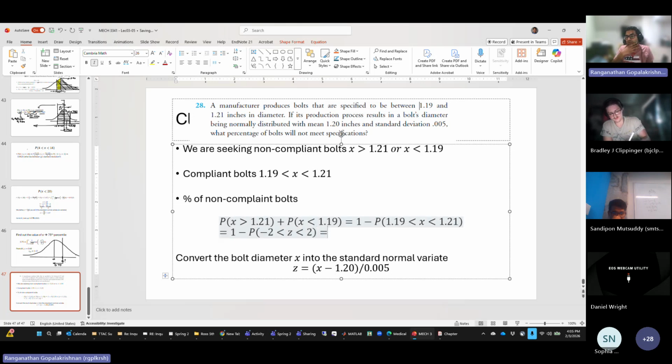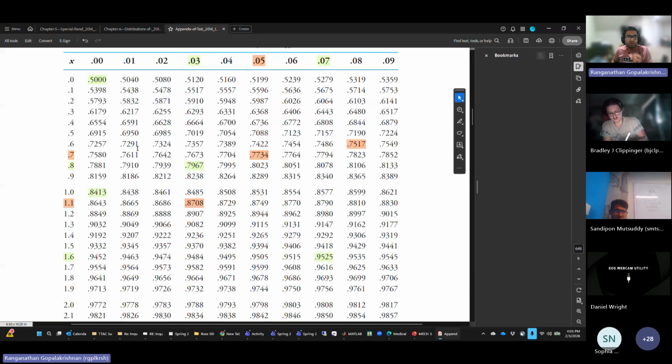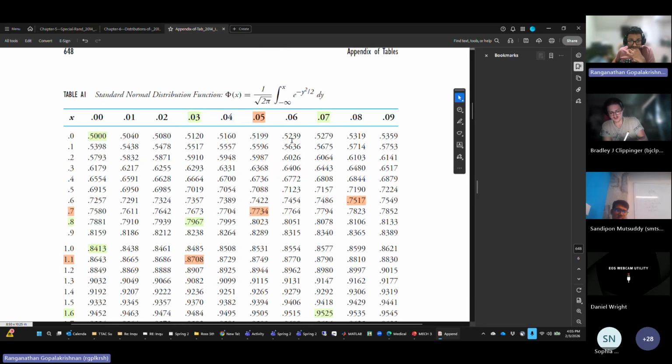I mean, you don't have to. I mean, actually, we can do this. We have like what, 30 seconds. So you want to look up between minus 2 to plus 2. Okay.